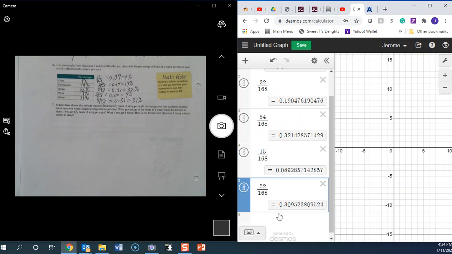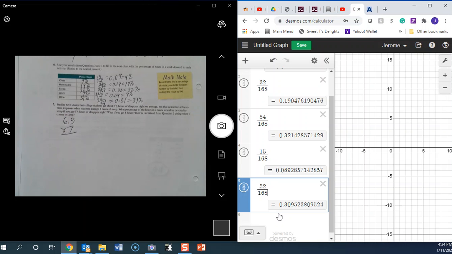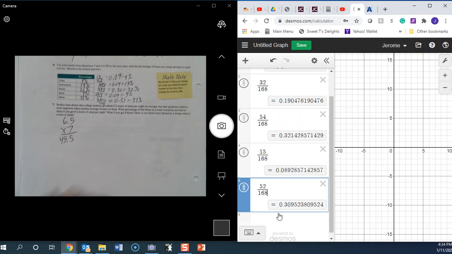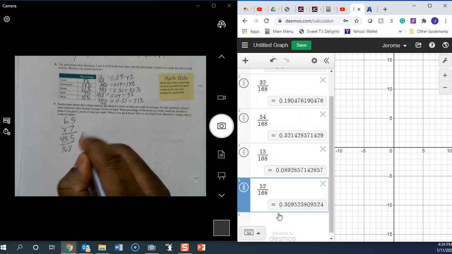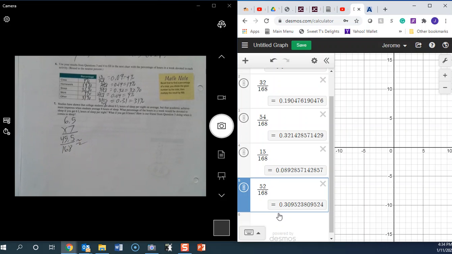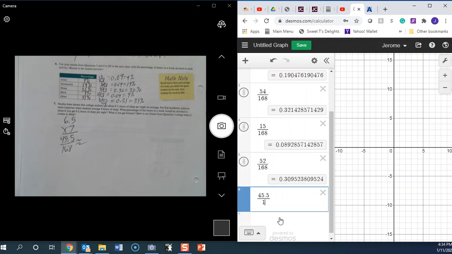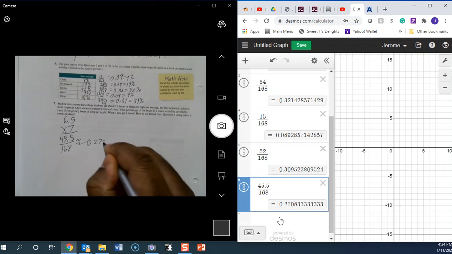Okay, so if you do 6.5 hours times 7 days, that would give you 45.5 hours of sleep. So we're going to take this and divide it by 168, and round this to the nearest whole percent. So we have 45.5 divided by 168, it'll be 0.27, which would be 27%.